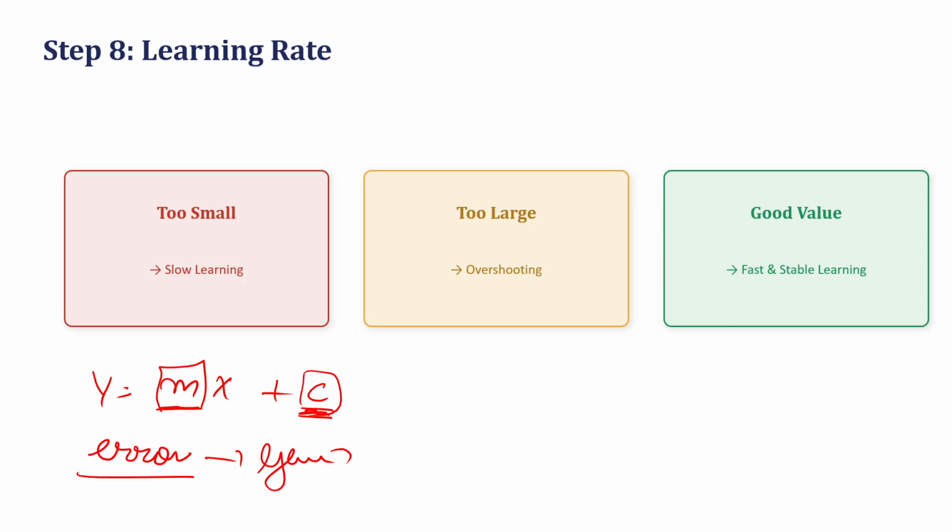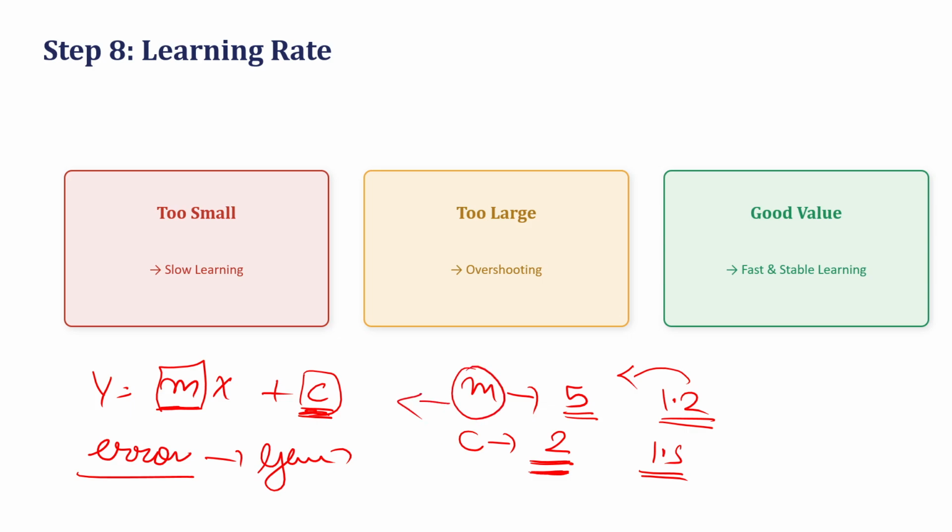For example, your m value was previously 5 and your c value was previously 2. Now you need to adjust them. By what factor will you adjust? Let's say the slope value came around 1.2 for m and around 1.5 for c. Now for this slope value with respect to m for the cost function, how much do you need to adjust it?